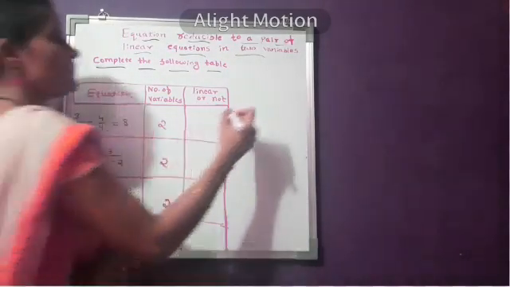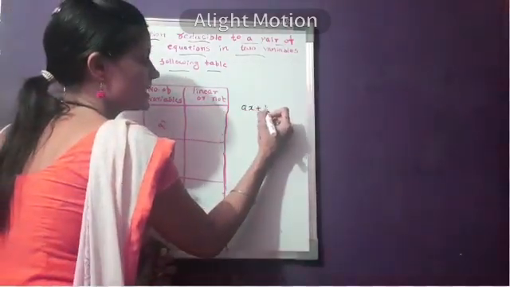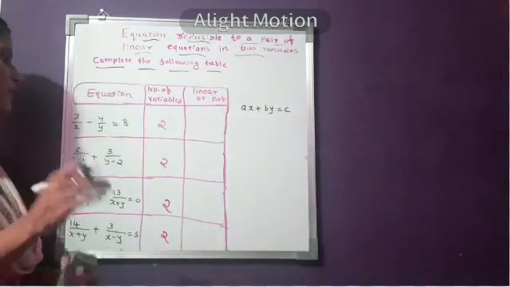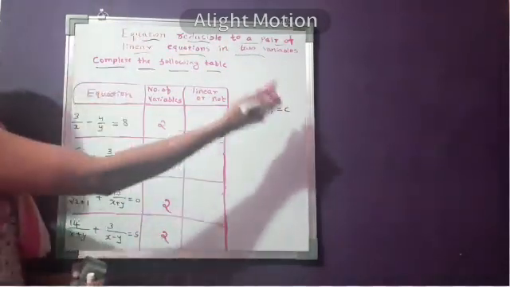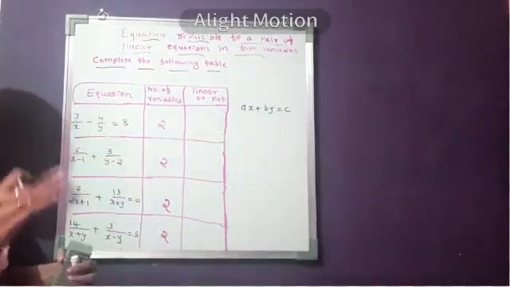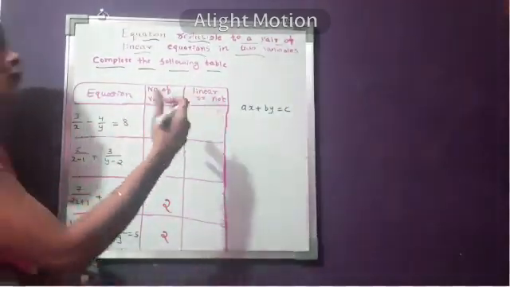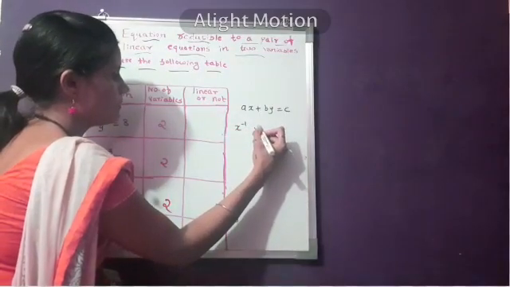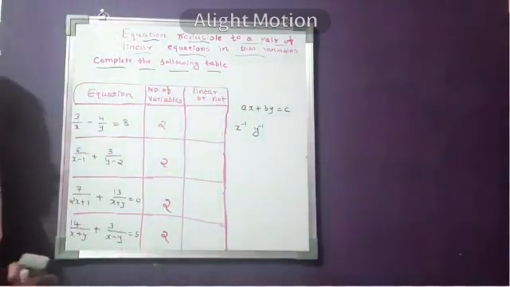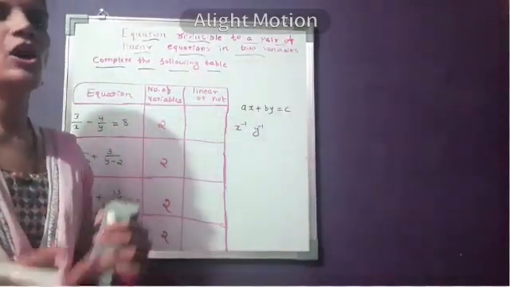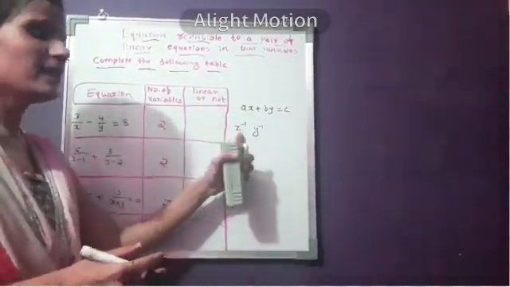You know that the general form of a linear equation is ax plus by is equal to c. If I wanted to convert this equation into a linear form, what will happen? Both x and y, which are in the denominator, will come in the numerator. So the power or index of the variable will become negative. You know that an equation cannot be linear if its power or index is negative.